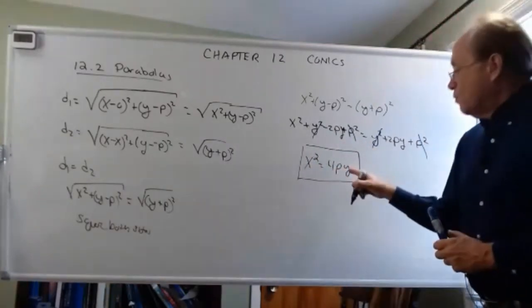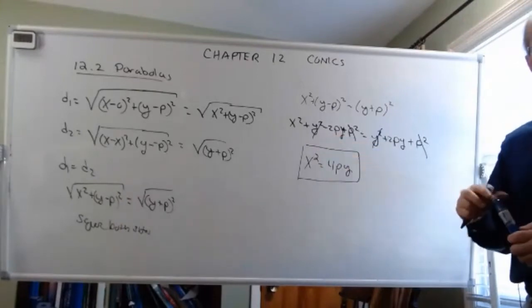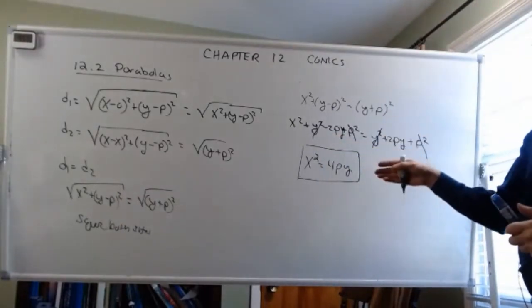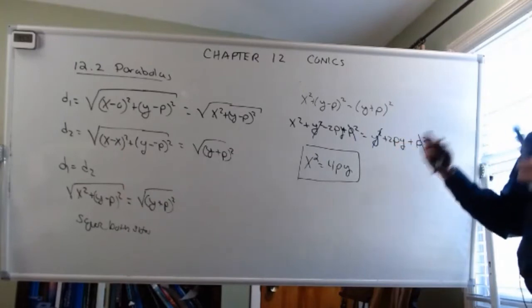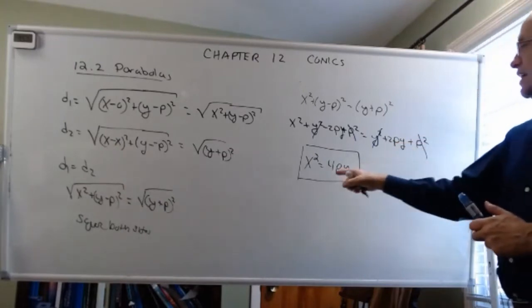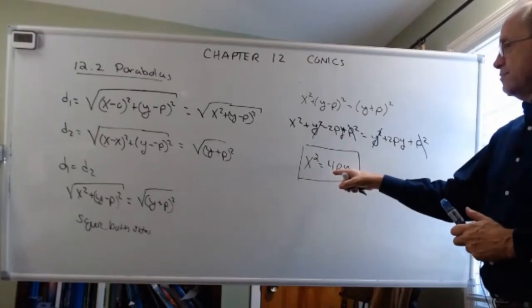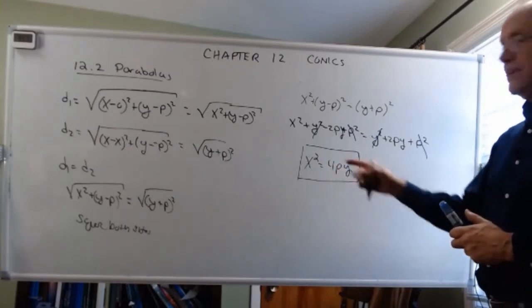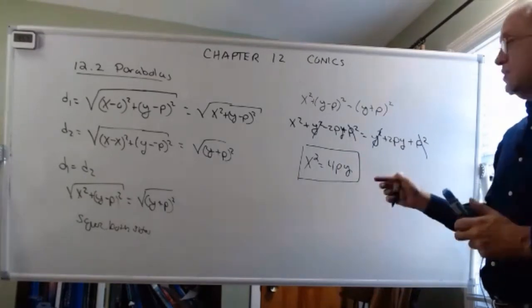Now that's my equation, x squared equals 4py. Now, we can show this. It's a little more complicated. I'm not going to do it, but this is the parabola that opens upwards, whose vertex is the origin.